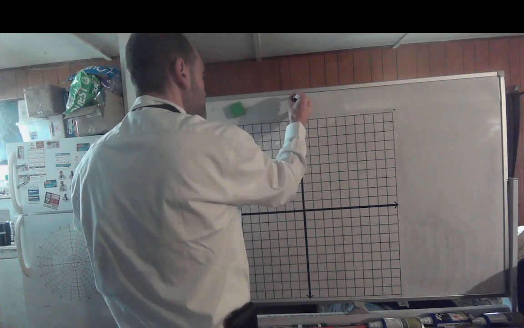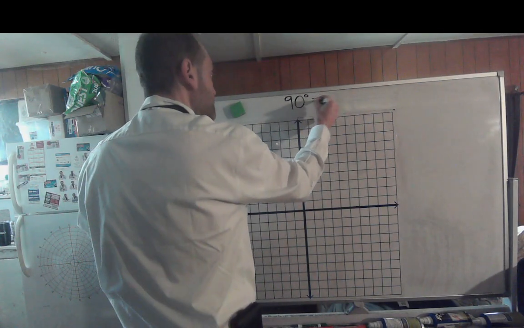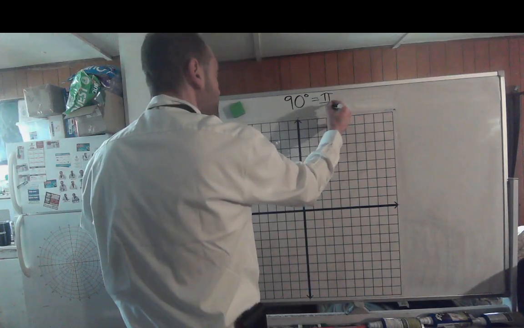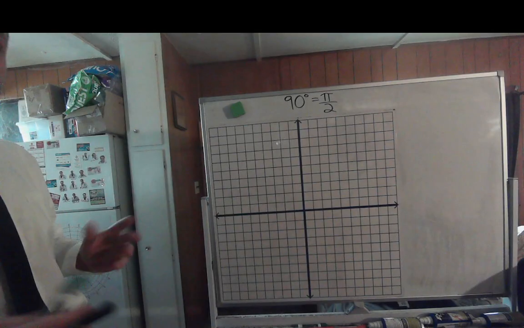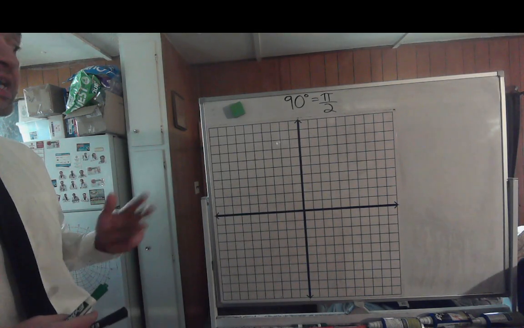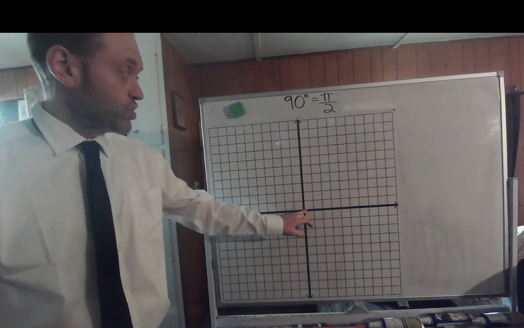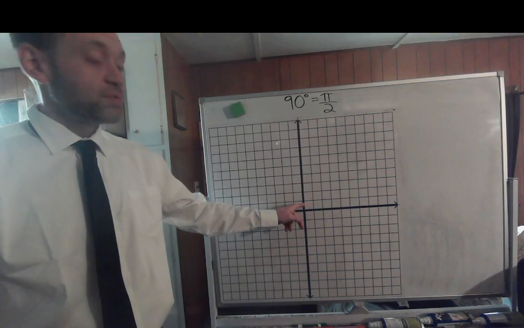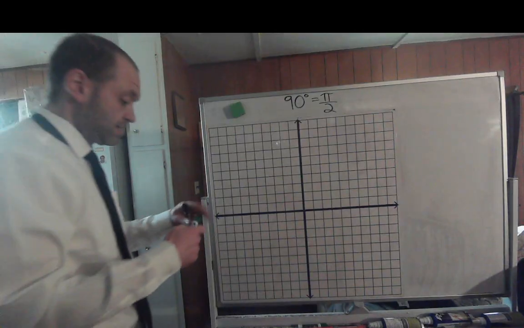So we're going to sketch 90 degrees, which is the same as pi over 2 radians. All right. So what's a 90-degree angle in general? It's a right angle, isn't it? Well, we notice right here at the origin, the y-axis forms a perfect 90-degree angle, or right angle, with the x-axis.